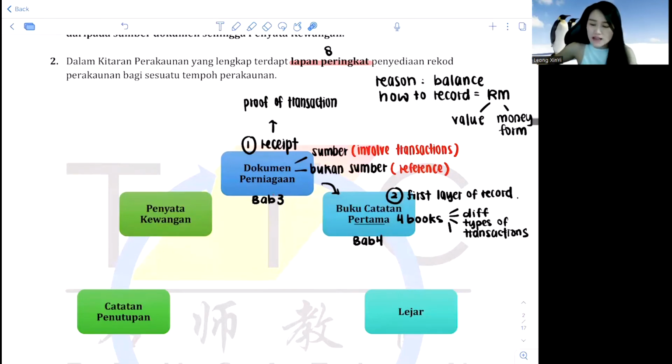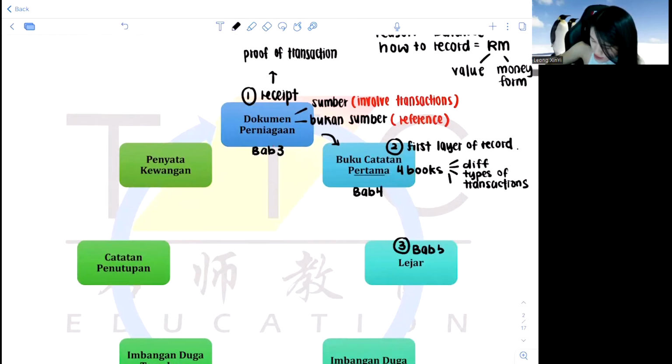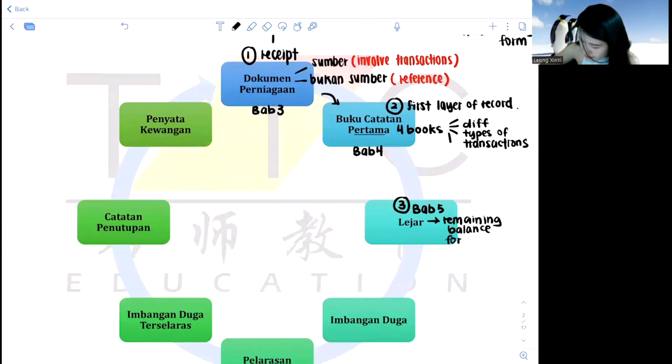So where we can tell is when you go to the next layer that is called your ledger. Okay, now this ledger is your Bab 5. What do we do in ledger actually? Ledger will help you find out what is the remaining balance, that is what we call baki, remaining balance for every single item.